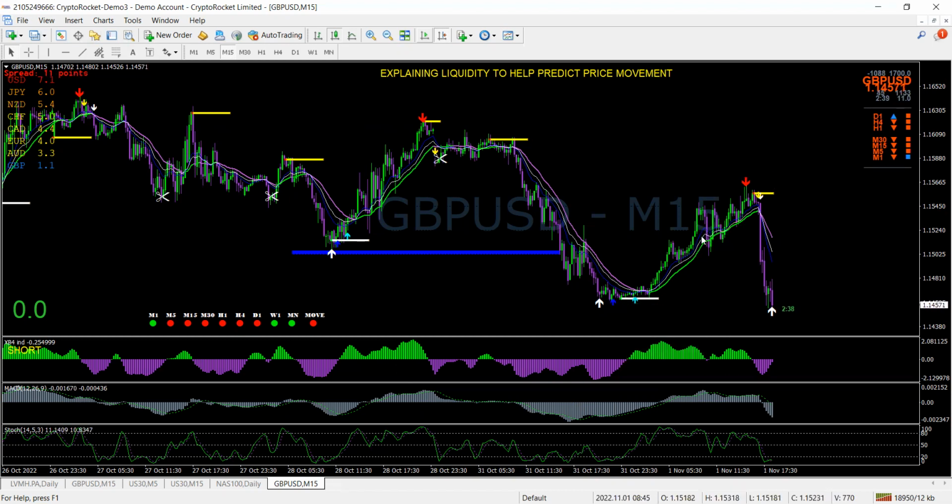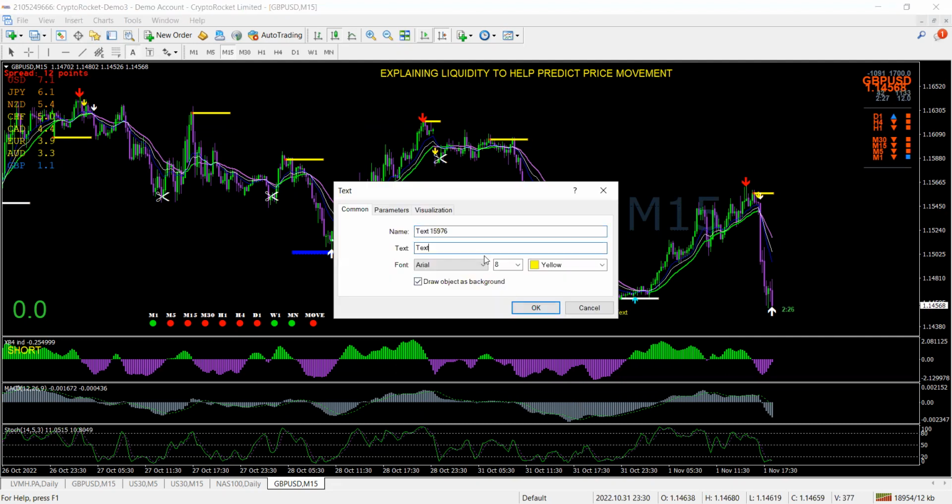Retail traders will buy off of this support and protect their trade by putting a stop loss below this low, which is creating liquidity. Now, I like to identify liquidity by putting RTD. That way, I know why I would trade towards that area.